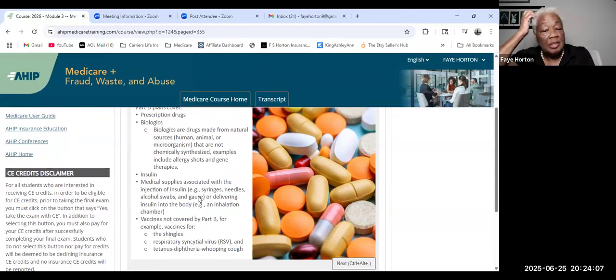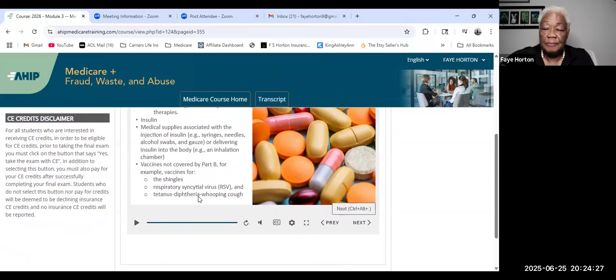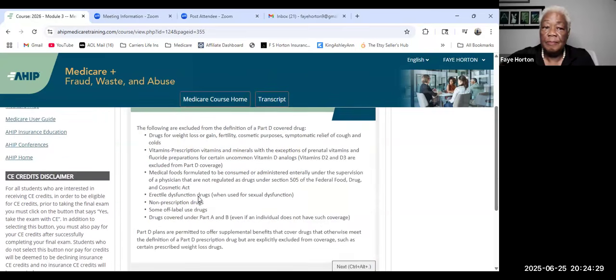Prescription drug plans also cover vaccines not covered by Part B, for example, shingles, respiratory syncytial virus, RSV, and tetanus, diphtheria, whooping cough. The following drugs are excluded from the definition of a Part D covered drug.